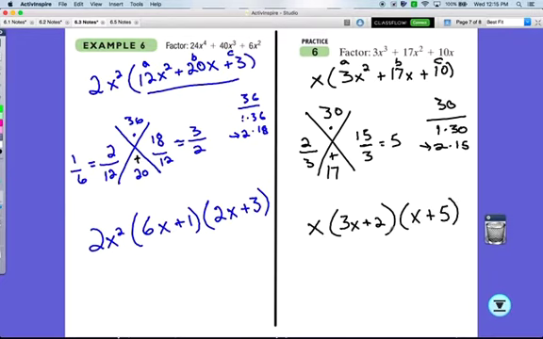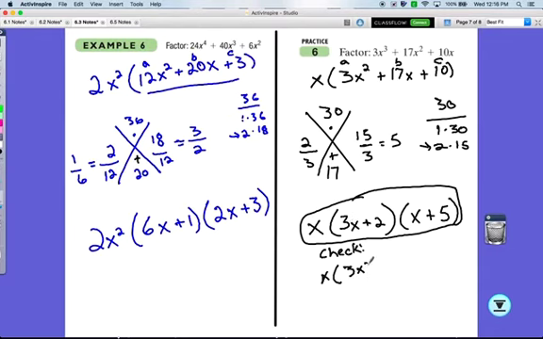And again, you can check these. If you check your answer here, I would multiply the 2 parentheses first, so I leave the x alone. Then 3x times the x gives me 3x squared. 3x times the 5 gives me 15x. 2 times the x gives me 2x. 2 times the 5 gives me 10.